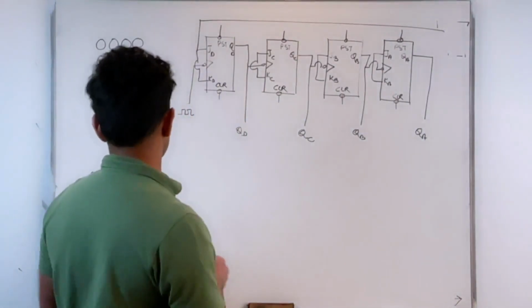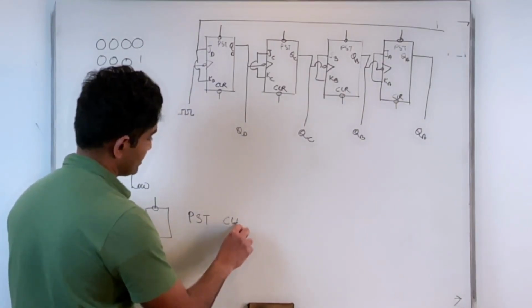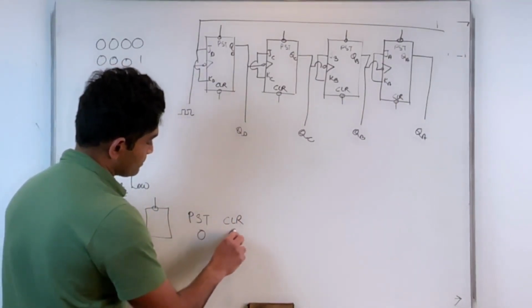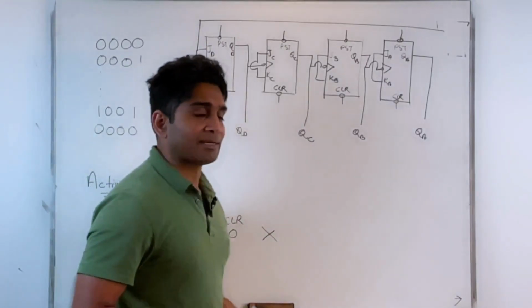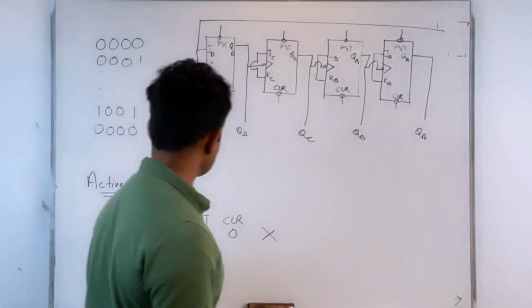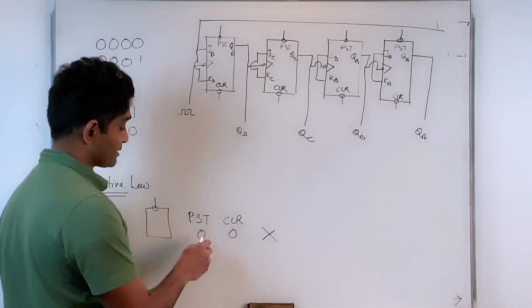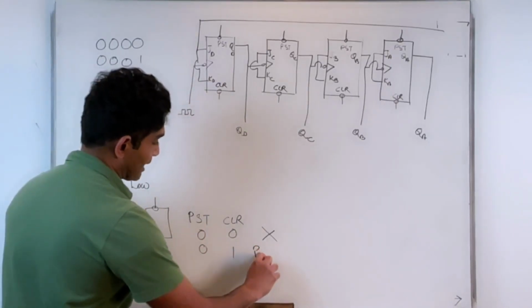Now, before we do that, just to make sure that we know, preset and clear: a 0, 0 should not happen. It does not make sense. You cannot have preset and clear both be active at the same time, so you should avoid that condition. 0, 1 indicates that my preset is active.